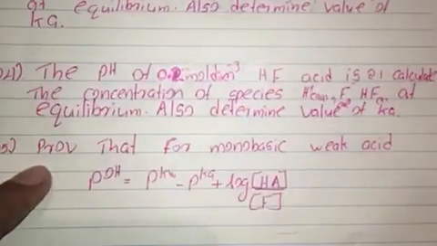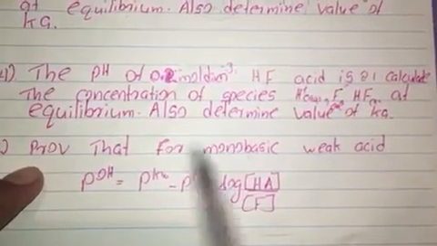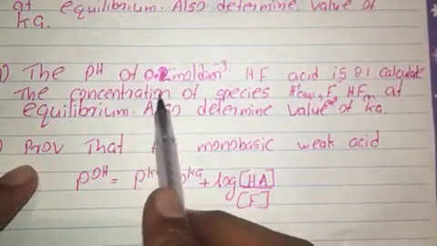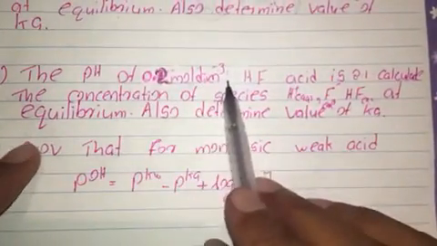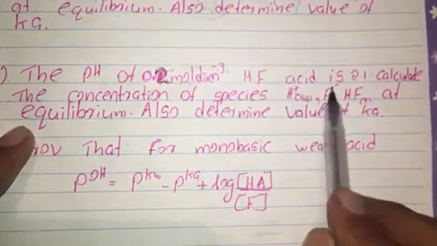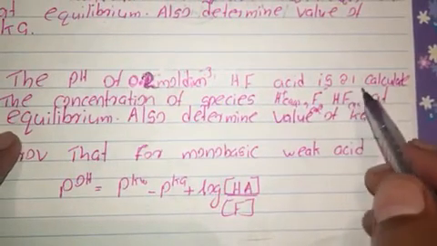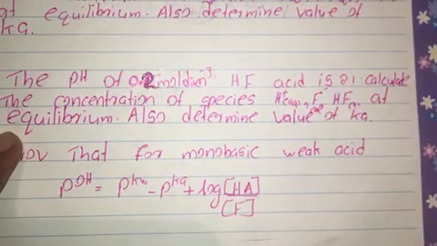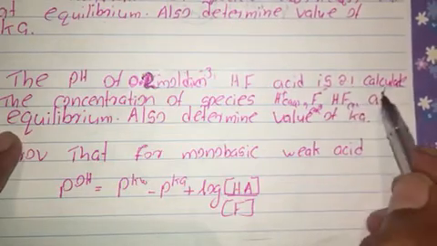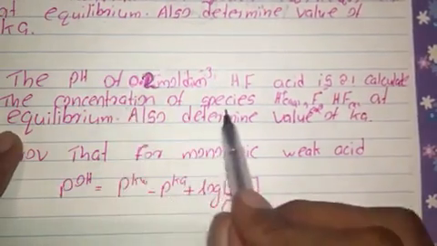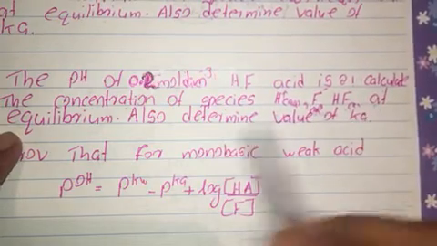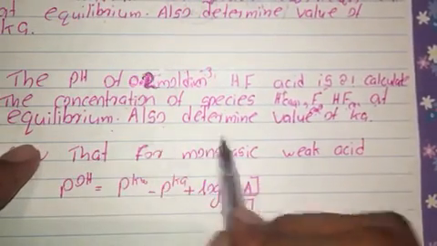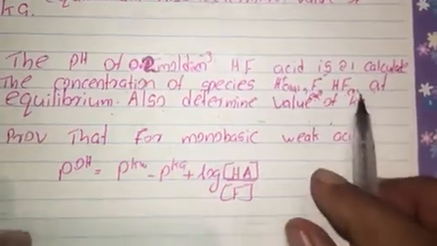Number 4, the pH of 0.2 mol dm minus 3 HF acid is 2.1. Calculate the concentration of species H plus, F minus, HF at equilibrium. Also determine the value of Ka.